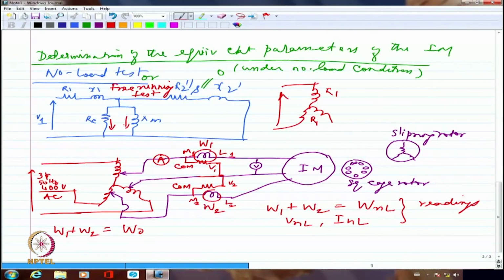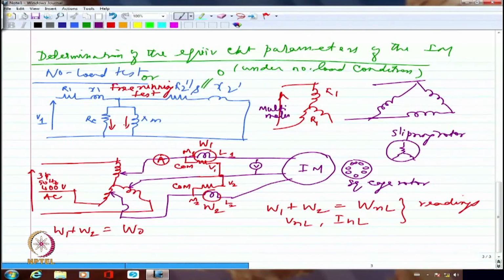That's how it will be. So it is going to be 2 by 3 R1. What I get will be 2 by 3 R1, because of which I should be able to calculate backwards the value of R1 from here. So I can simply use a multimeter and measure the resistance. That is not a big deal.